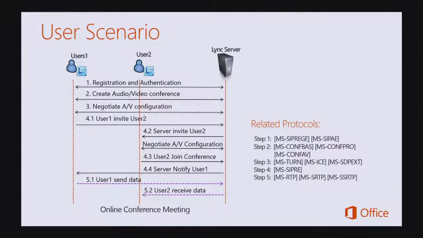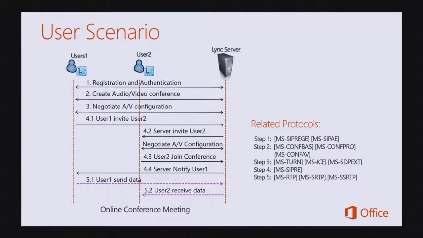So from here, a user starts to send their data, and the server can forward this data to user 2. This is the simplest scenario, because we only have 2 users. But most of the time we have multiple users, right? In that case, user 1 will send the data to the server, and the server just duplicates that data and sends it to different users.